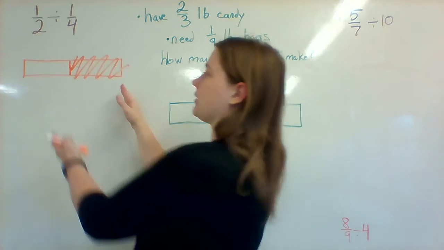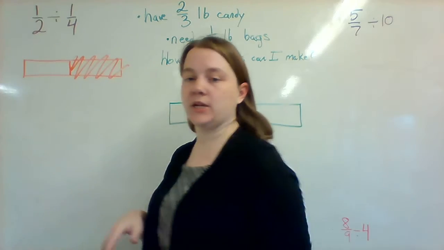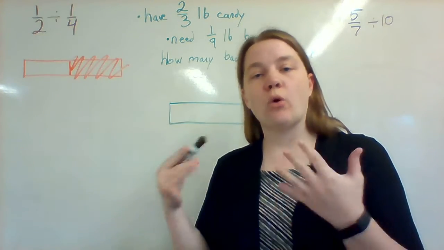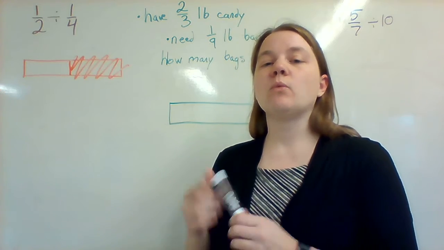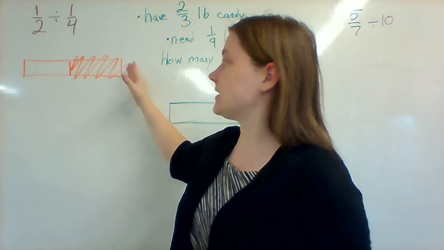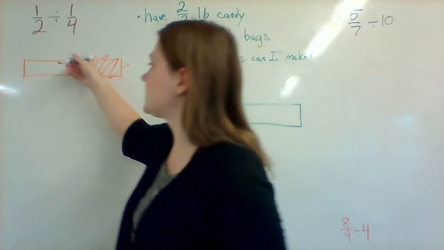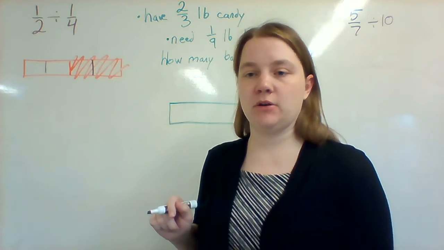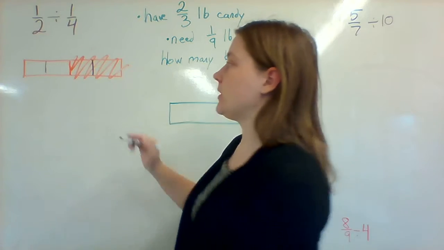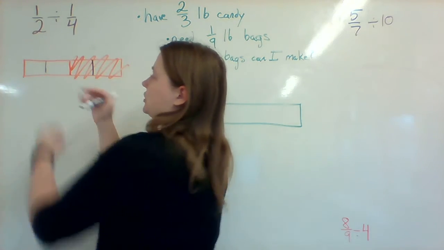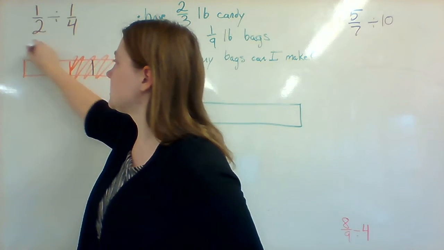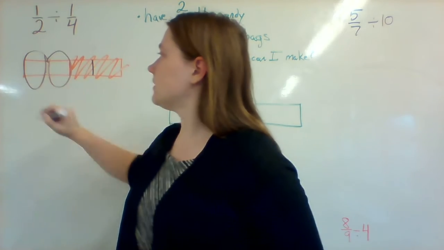But we do know that there was once one whole here. So when we divide 1/2 into quarter pieces, what that means is that, taking this into account, we still have this one whole broken up into quarter pieces, but we only care about this section. So 1/2 broken up into quarter pieces is 2.